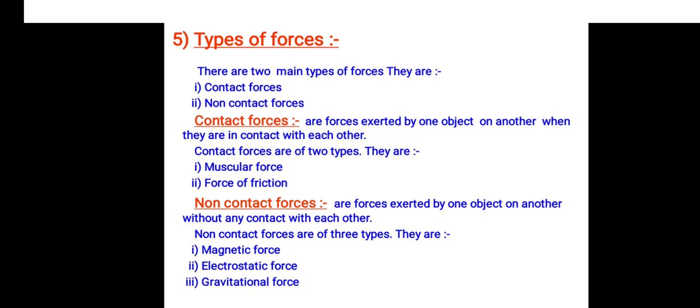Then non-contact forces. What are non-contact forces? They are the forces exerted by one object on another without any contact with each other.